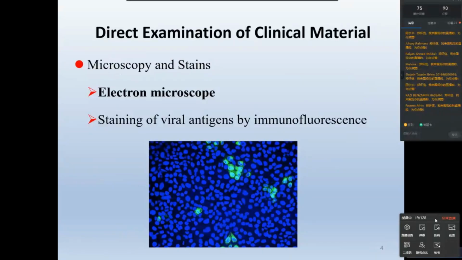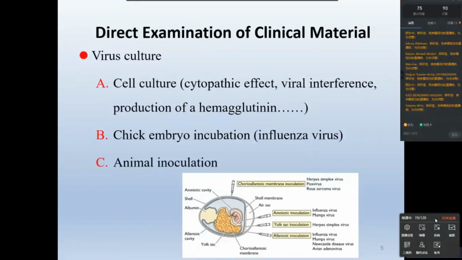And we can detect viral antigens, for example, some protein from the virus. And the way to detect the antigen, usually we use immunoassays, different types of immunoassays. Immunoassay means that we detect something using some antibody.